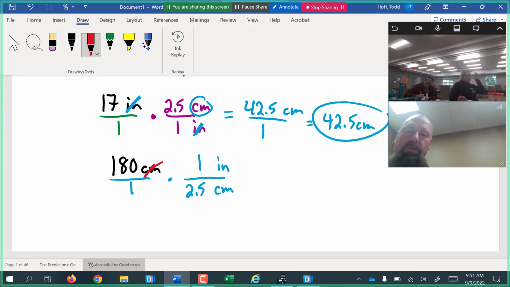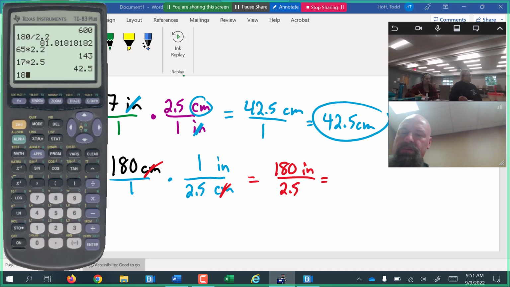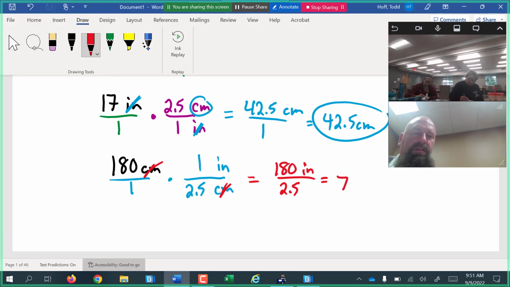We'll cancel out the centimeters. On top, 180 times 1 inch is 180 inches. On bottom, 1 times 2.5 is 2.5, and then we have to divide that out. 180 divided by 2.5 is 72 inches. So 180 centimeters is actually exactly 6 feet tall.